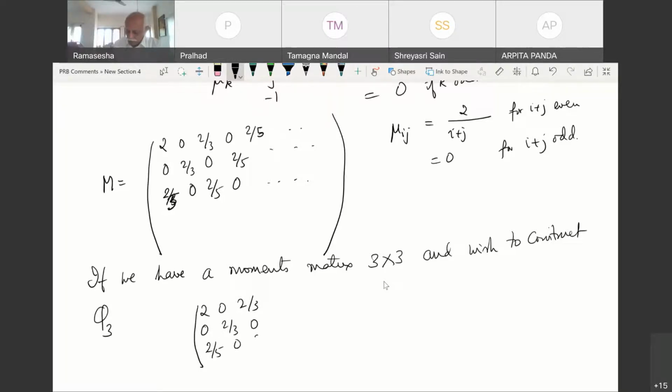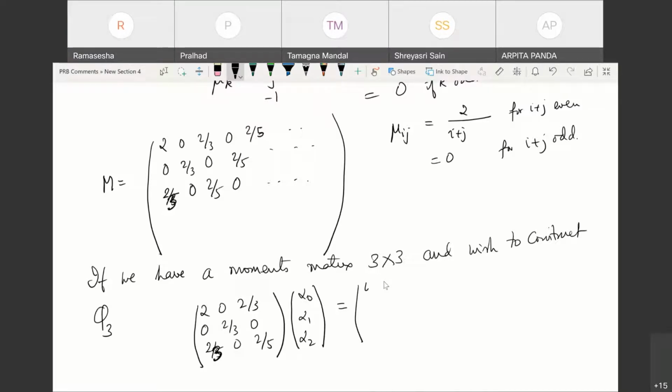Also what I will have is 0, minus 2 by 5, 0. Okay, so if I were to put M alpha equal to b, this is what I would get.